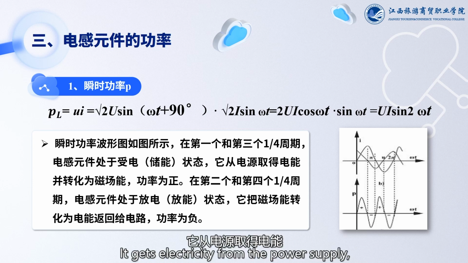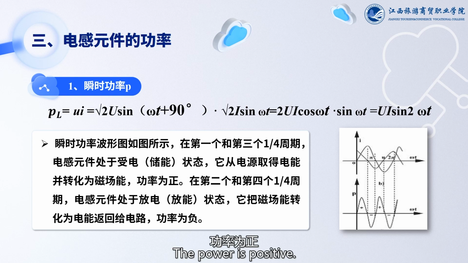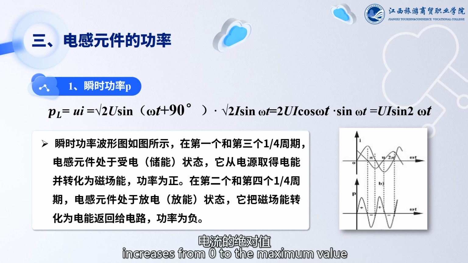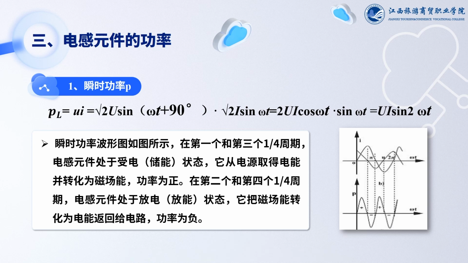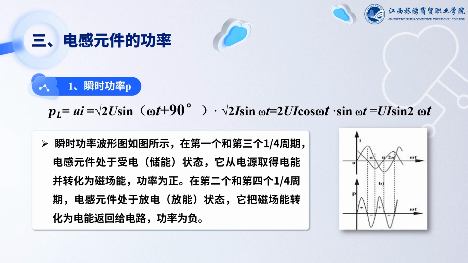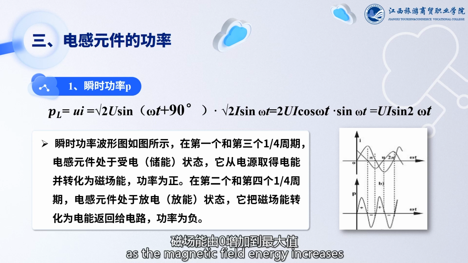It takes electricity from the power supply and converts it into magnetic field energy. The power is positive. The stored magnetic field energy increases from 0 to the maximum value, as the absolute value of the current increases from 0 to the maximum Im, and the magnetic field is established and gradually strengthened.